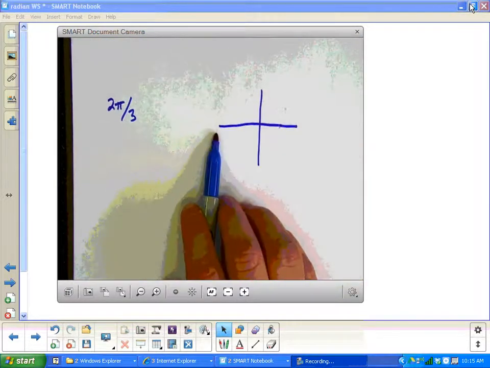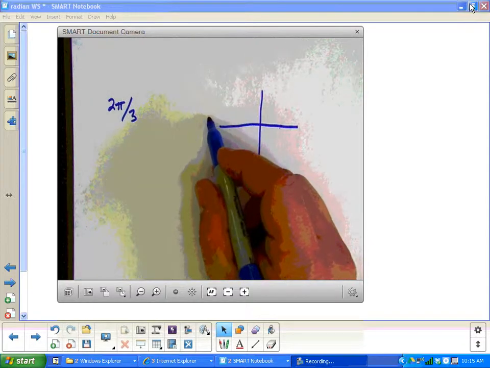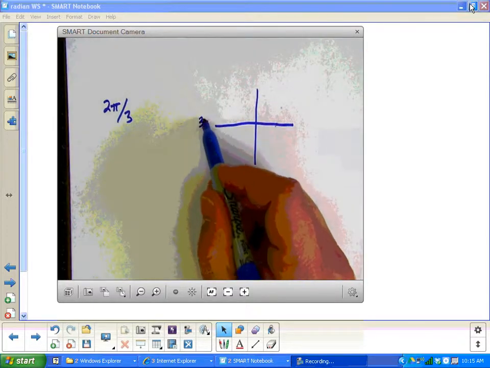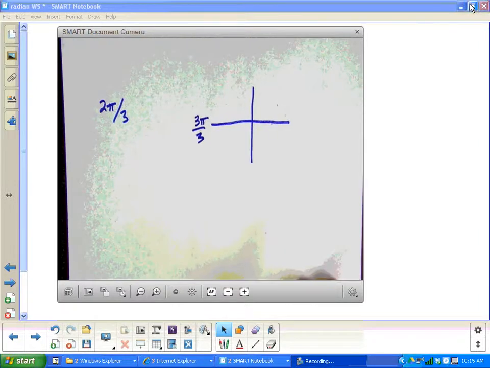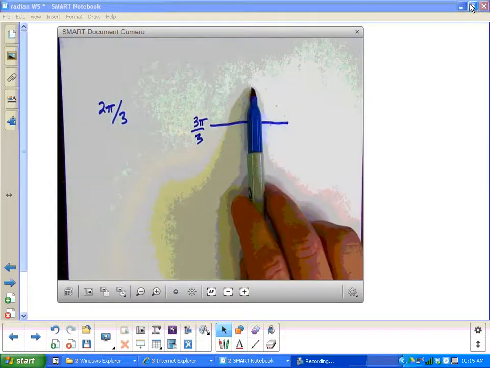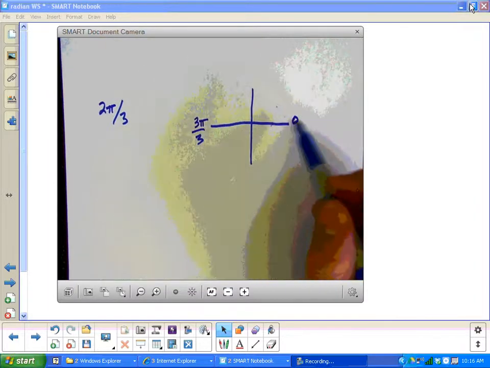So right here, instead of calling this pi, what can we call it here? Yeah, 3 pi over 3. Now this will be a little bit different. This starts at 0, so just think about 0 to 3.